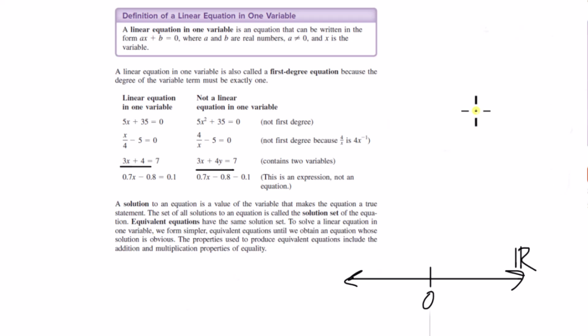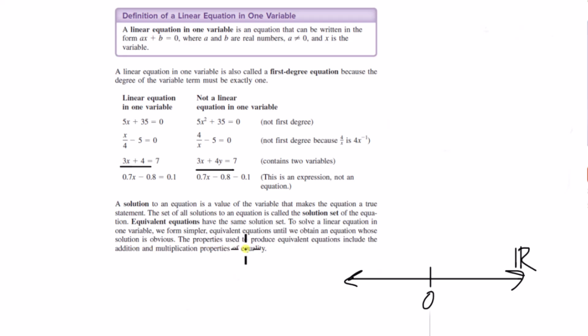So if you have two separate equations and they have the exact same solution set, then you call those equivalent equations, okay? So to solve a linear equation in one variable, we form simpler equivalent equations until we obtain an equation whose solution is obvious.